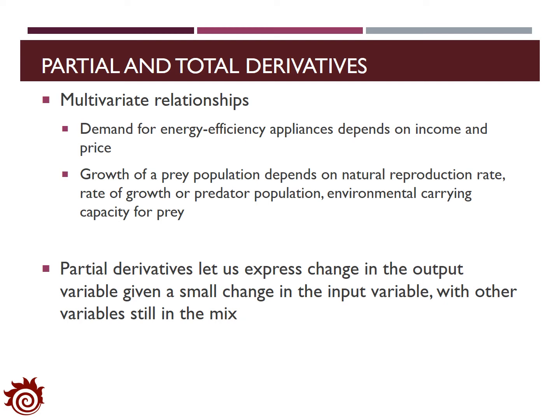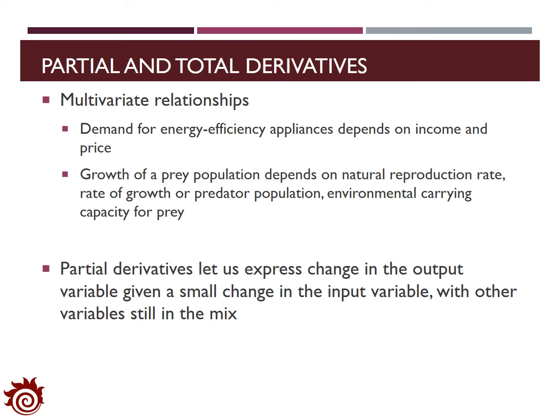Previously, we showed the derivative of a function with only one variable, but in all the studies in this class, we are also talking about functions with more than one variable, which we call multivariate relationships. For example, the demand for energy efficient appliances depends on the income and the price, and the growth of the prey population depends on the natural reproduction rate, the rate of growth of the predator population, and the environmental carrying capacity for prey.